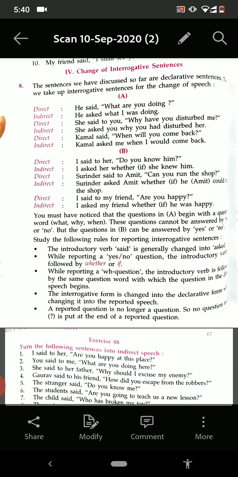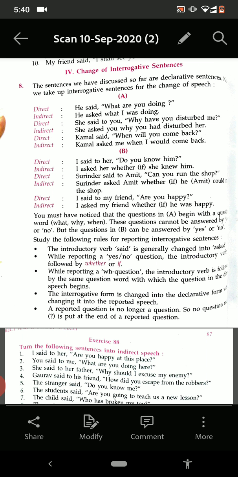Third one, direct speech. Kamal said, "When will you come back?" Then in indirect speech, Kamal asked me when I would come back. Now see the questions are in the form of what, why, when. It is WH family.